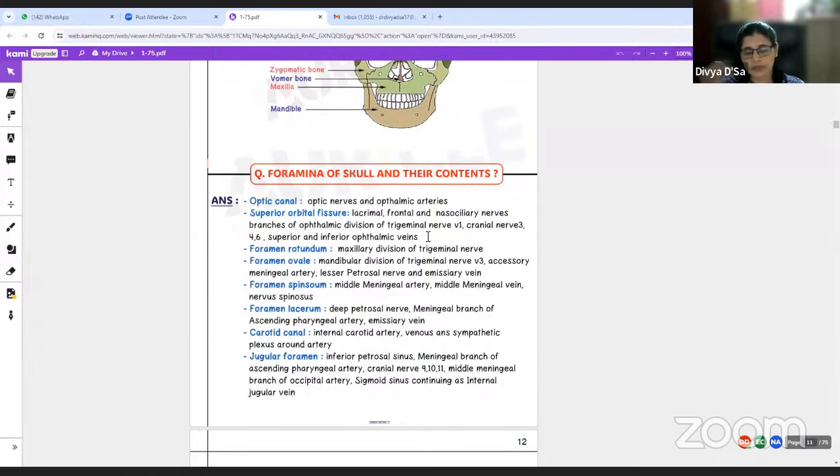So in the medialmost part, there was only one vein. Basically, this is divided into these three parts by the tendinous ring of Zinn, where the extraocular muscles have their origin. So in that middle part, all nerves. Whereas in the lateral part, there is a vein, there is an artery, there is a nerve. So the vein there is the superior ophthalmic vein.